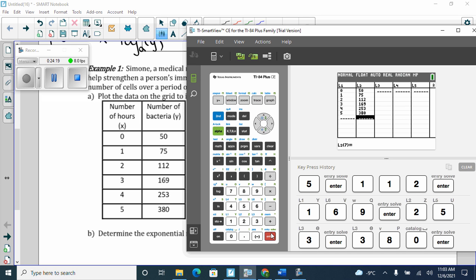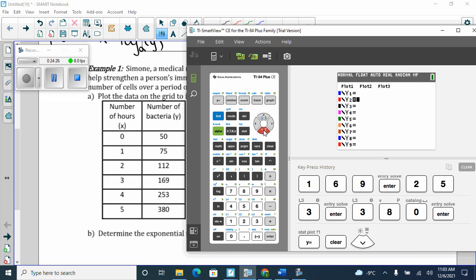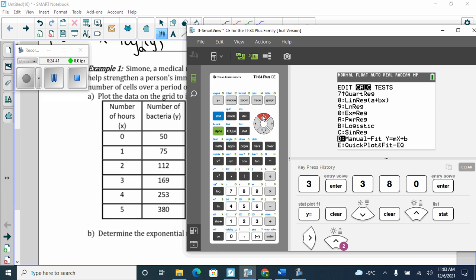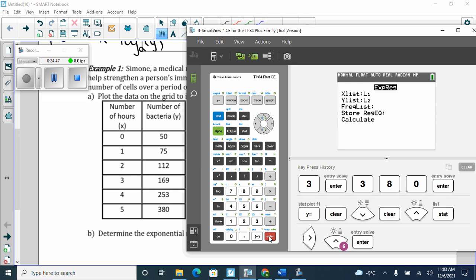Everyone remember those steps? We should also go to our y equals right now and clear them out if there's something in them. So remember that should have been our first step. Clear out your y equals always before you start any question. Did you all clear out your y equals? Okay, then we go stat, calc. This time I'm going to arrow up because it's shorter, and I'm going to pick 0 because it told me it's an exponential regression. Then you have to go do your method.